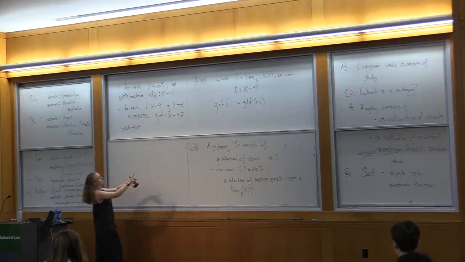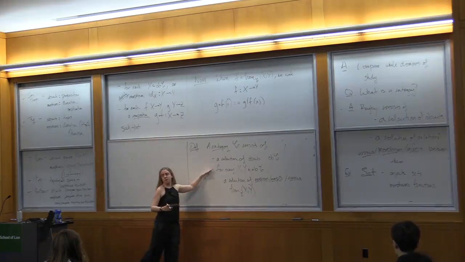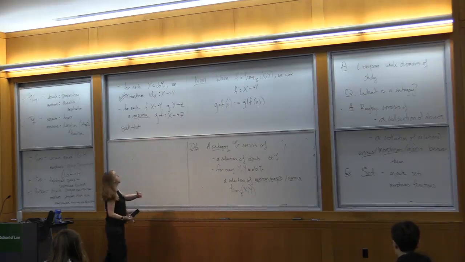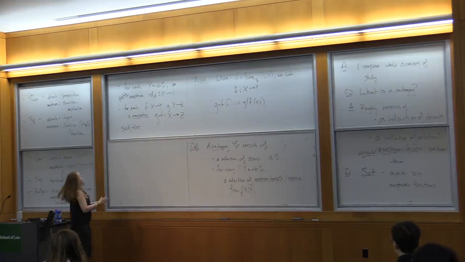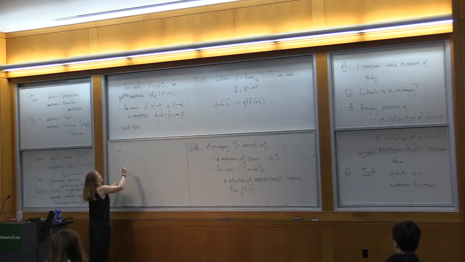Okay, so we have these four pieces of data. We have these two things giving us a bunch of collections or sets, these two operations, and now two axioms, such that the identity behaves like identity with respect to composition.